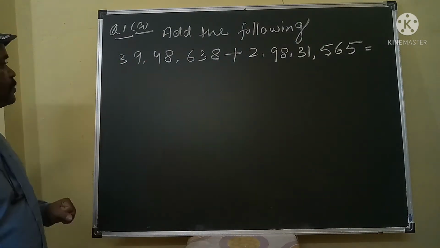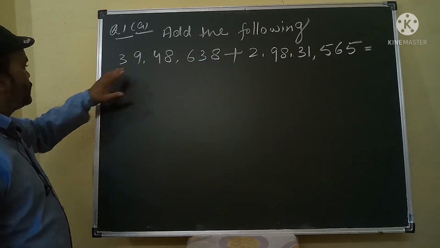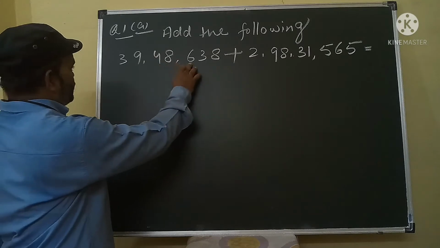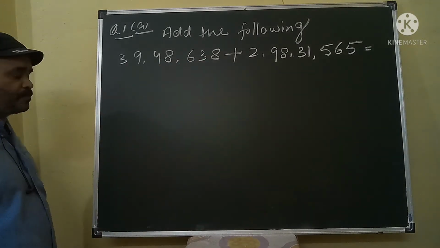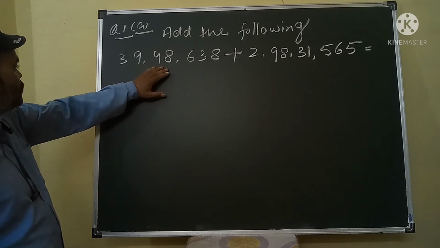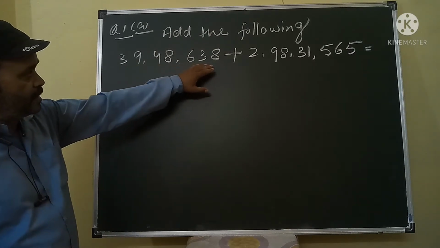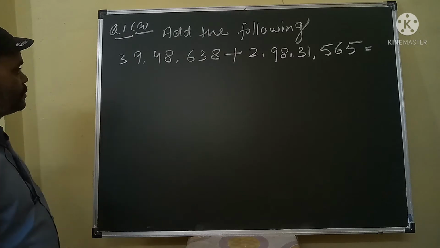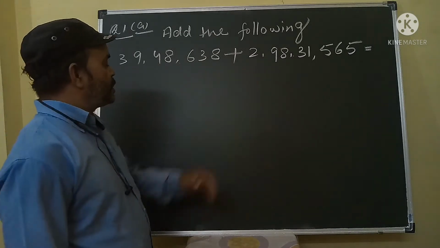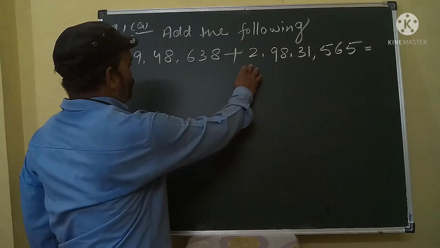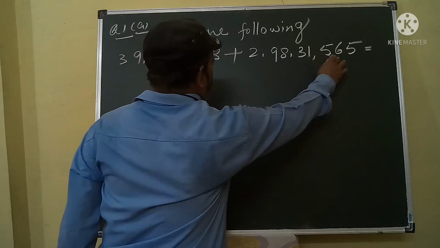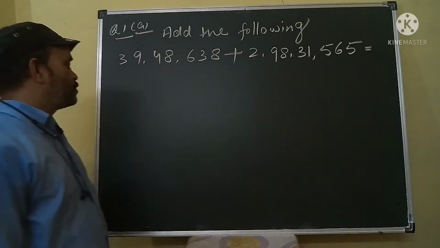So what will you do? You know very well this is 39,48,638. Okay, and the second number is 2,31,31,565.